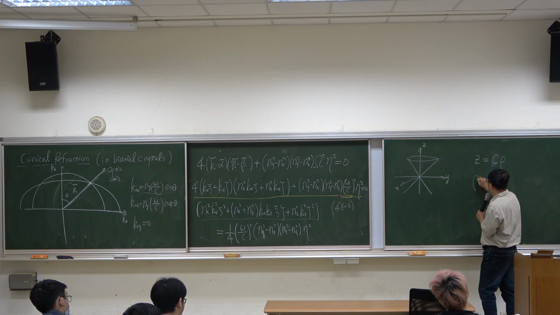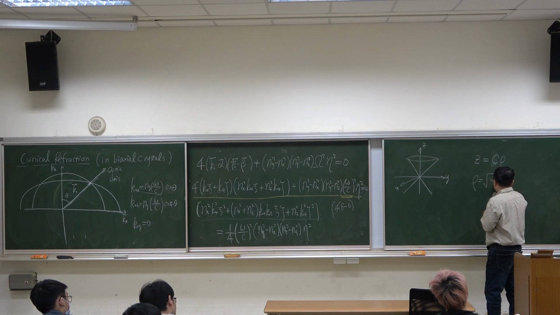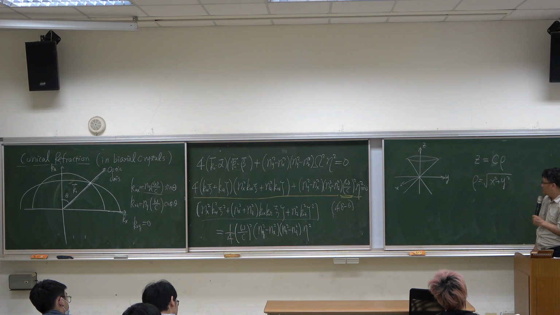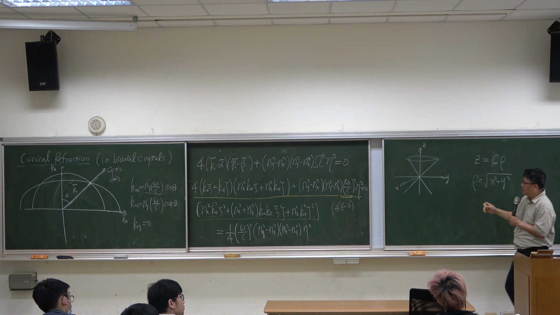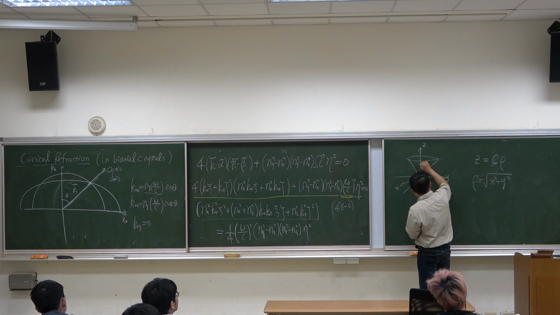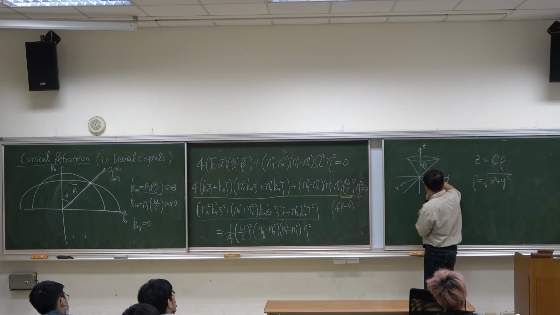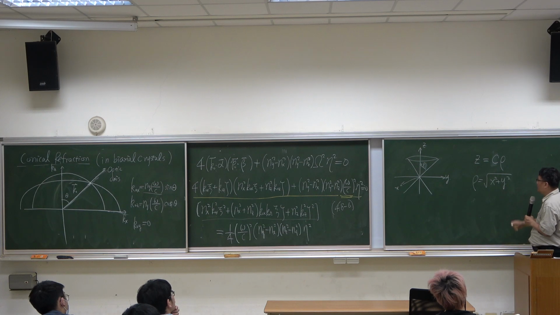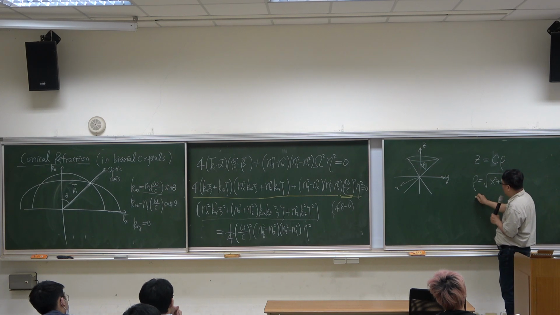Rho means the square root of x squared and y squared, the radius from z-axis to the surface, and the c is a constant.